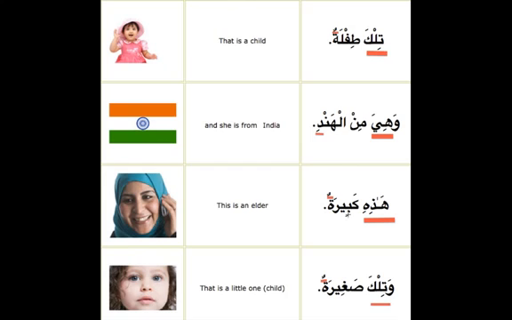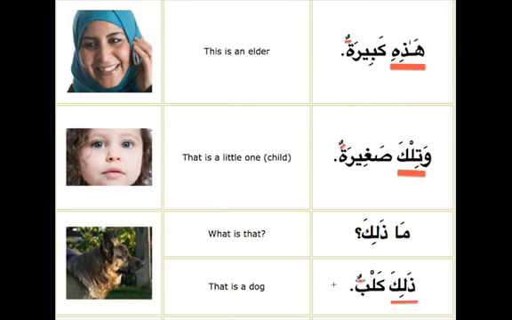Hadihi kabiratun. Double dhamma is a feminine category. Hadihi is mubtada, kabiratun is khabar. So we're going to put 'is' here. This is an elder, we can say. And that is a younger. Wa tilka saghiratun.